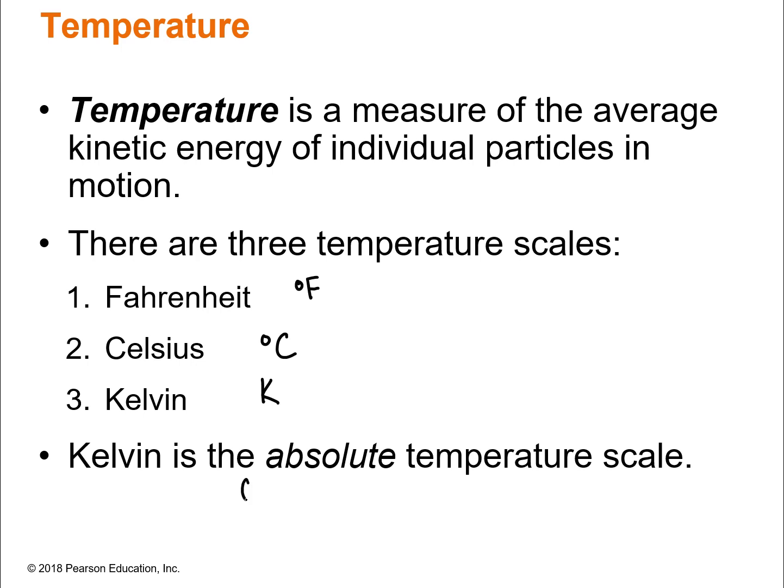And when we get to 0 Kelvin, that means no kinetic energy. So you've got no moving particles. But when we get to 0 degrees Celsius or 0 degrees Fahrenheit, we can still go lower. We can have a negative 5 degrees Fahrenheit or Celsius.